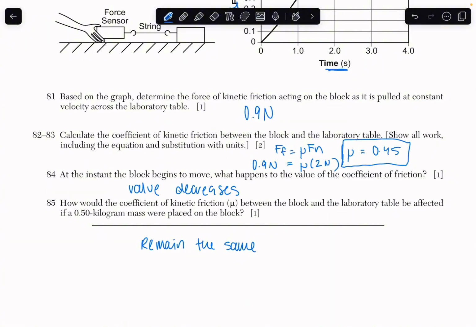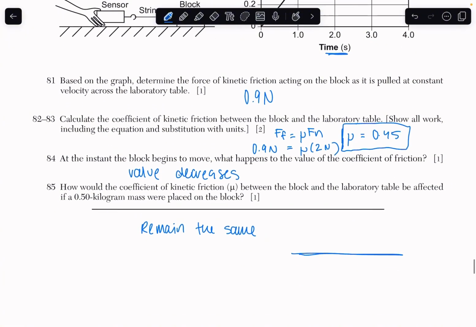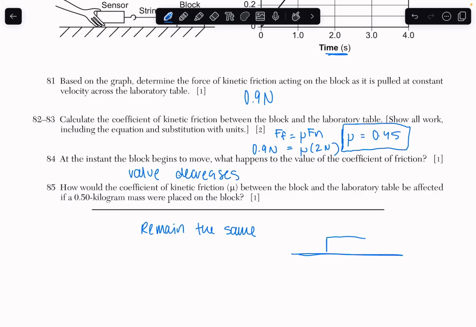Like if this is the table and this is the block and you're just adding another 0.5 mass on it, this thing is only touching the block. It's not touching the laboratory table. So that means the coefficient of kinetic friction would not be affected.